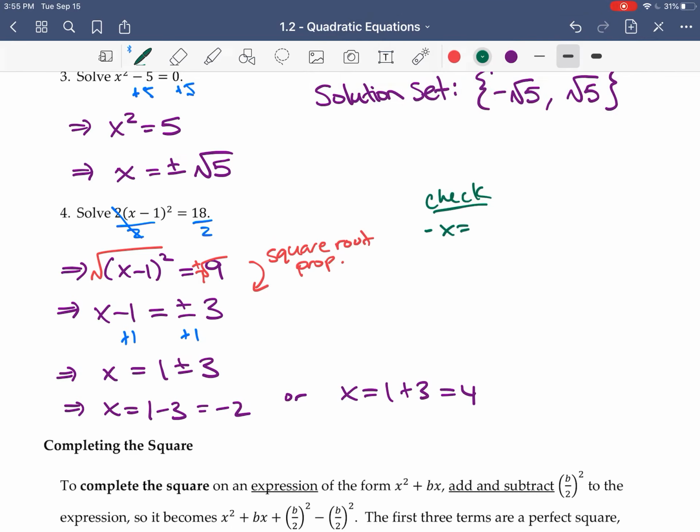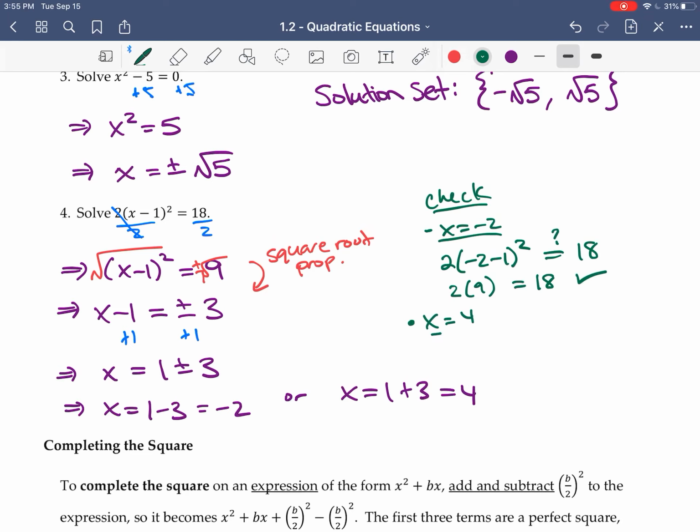okay, so if we check x equals minus 2, I have 2 times minus 2 minus 1 squared, and I want to know, is that equal to 18? So that's negative 3 in the brackets. When I square that, I get 9, and 2 times 9 is 18. So that one is a solution.